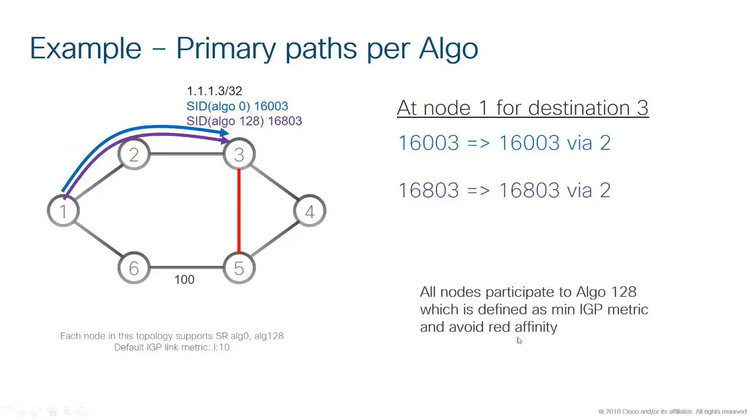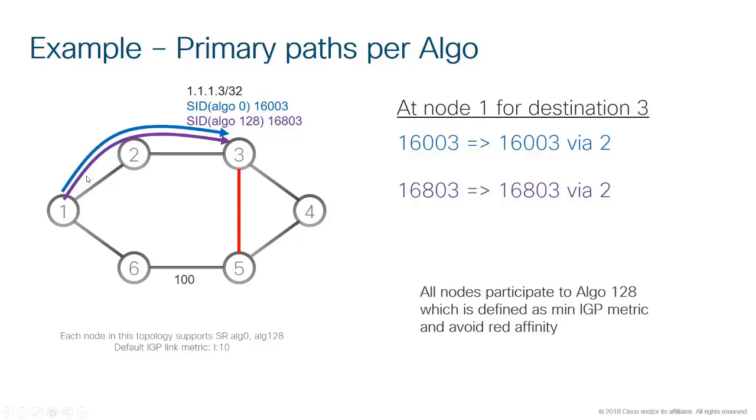Let's take this topology in which all the nodes are going to be part of algorithm 0 and algorithm 128. The two algorithms are defined to be a minimization of the IGP metric. All the links are 10, except this one, which is 100. The only difference between algorithm 0 and 128 is that 128 excludes the red link.